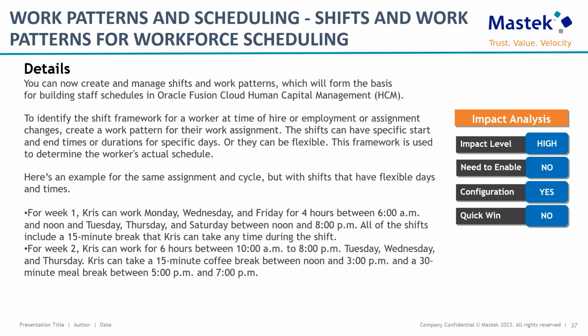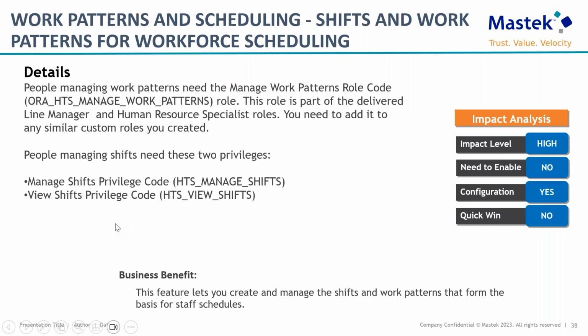Again for week 2, Chris can work for 6 hours between 10 a.m. and 8 p.m. on Tuesday, Wednesday and Thursday, and he can take a 15-minute coffee break between noon and 3 p.m. and a 30-minute meal break between 5 p.m. and 7 p.m. So it all depends on the requirement that you have for creating a work pattern and schedules.